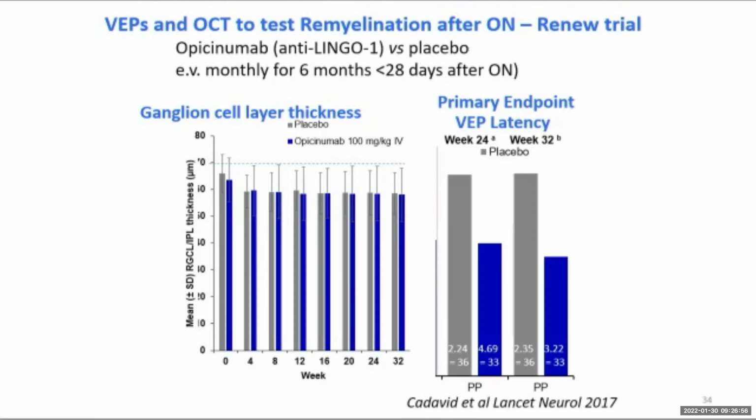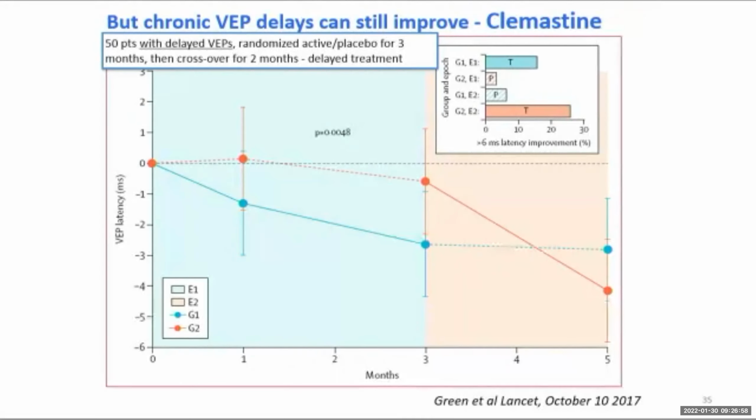And also in chronic VEP delay, treatment with clemastine demonstrated significant improvement in latency compared with placebo, which then did show the recovery when the placebo group received clemastine.